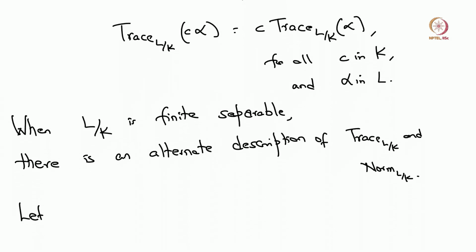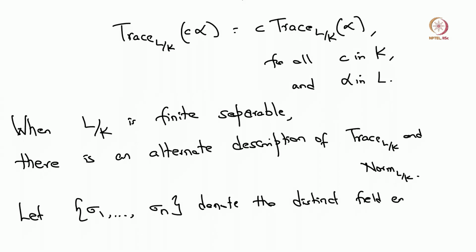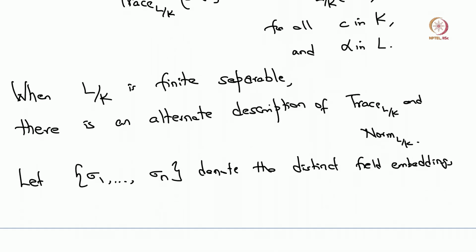So our field extension is separable. So you consider sigma 1 to sigma n, let them denote the distinct field embeddings of L into its separable closure.